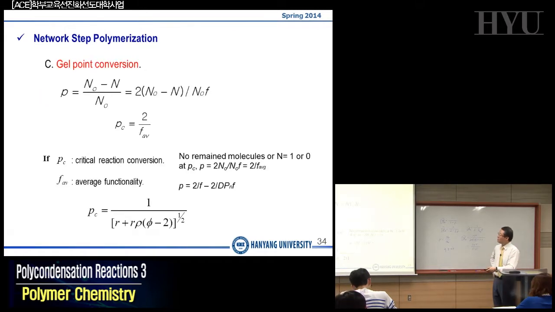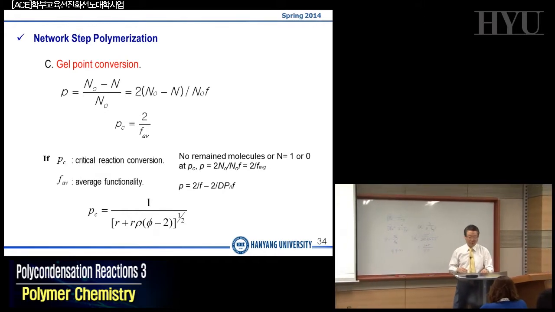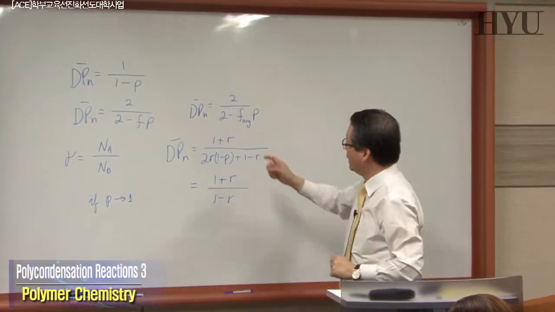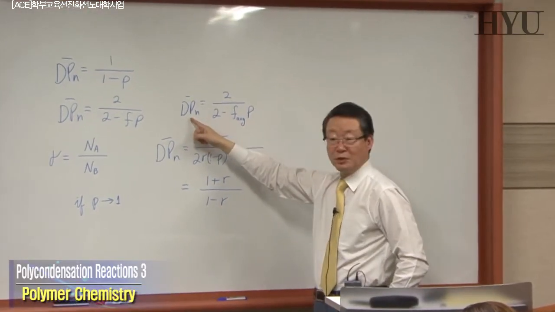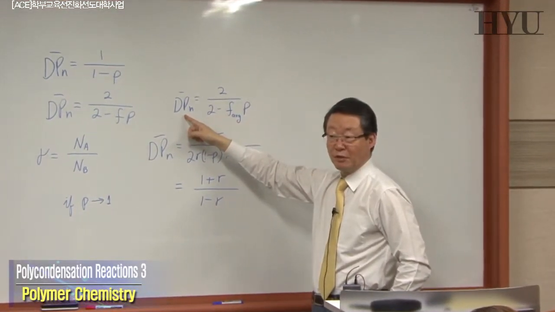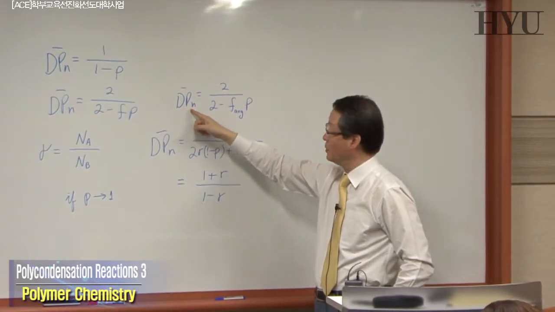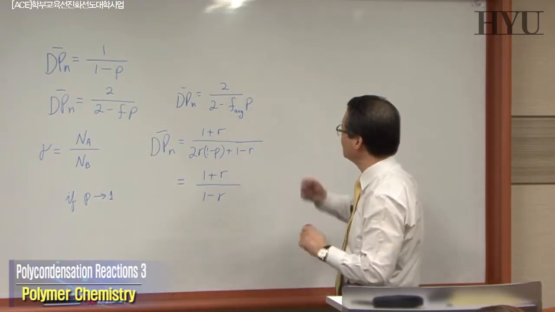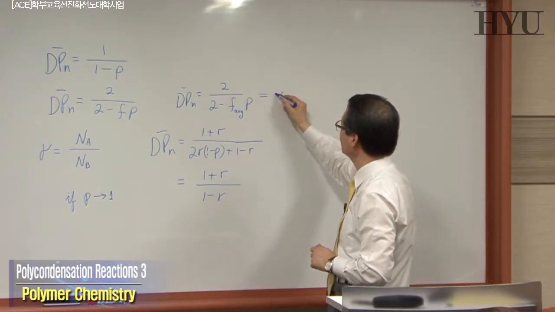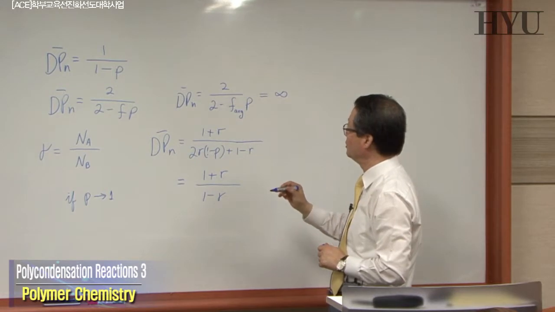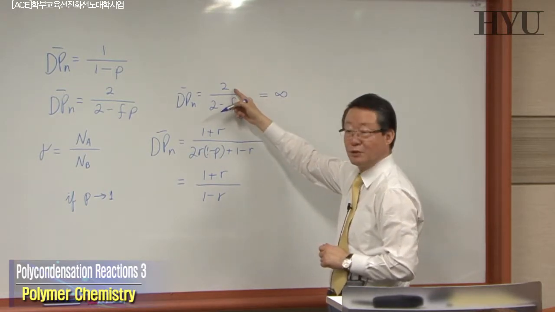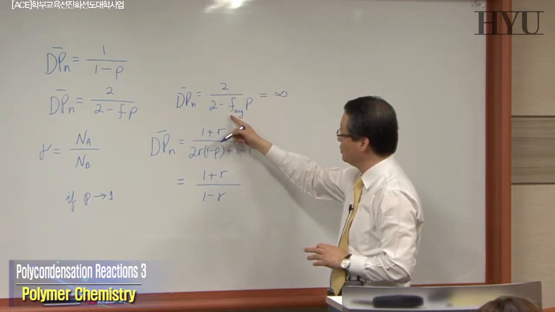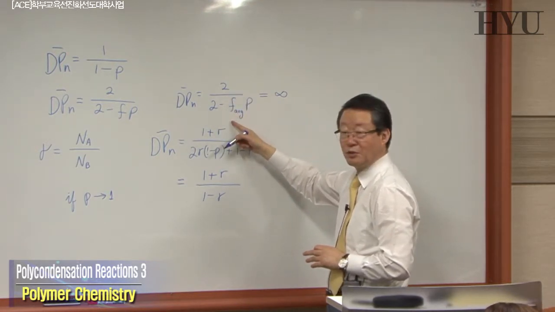So at the gel point, what happens is, this is a little bit of a complicated structure. At the gel point, the degree of polymerization is almost infinite. Okay, the degree of polymerization is infinite. If you have an infinite situation, because we have a 2 which is constant in the numerator, this should be equal to 0.